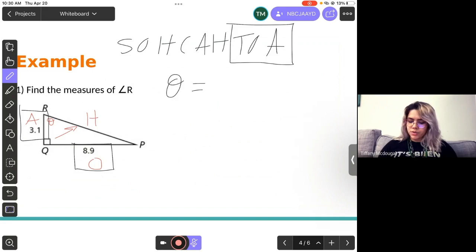Theta is equal to the inverse tangent of opposite, which is 8.9 in our case, over adjacent, which is 3.1.